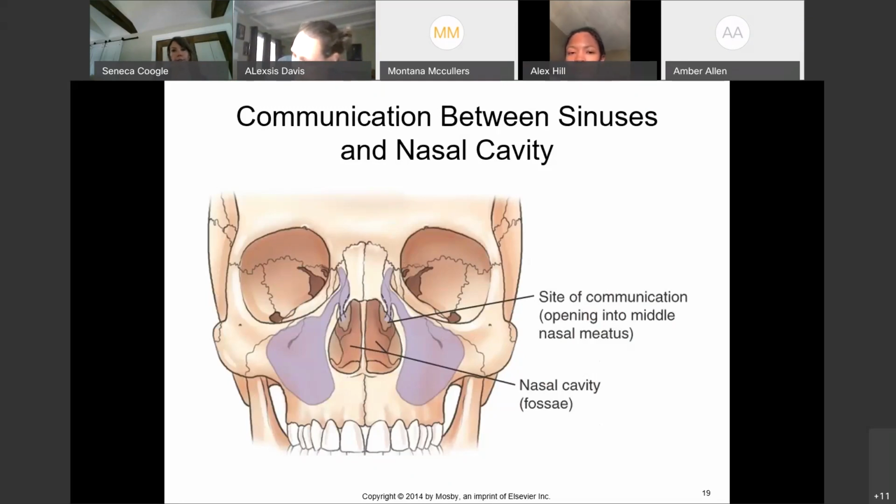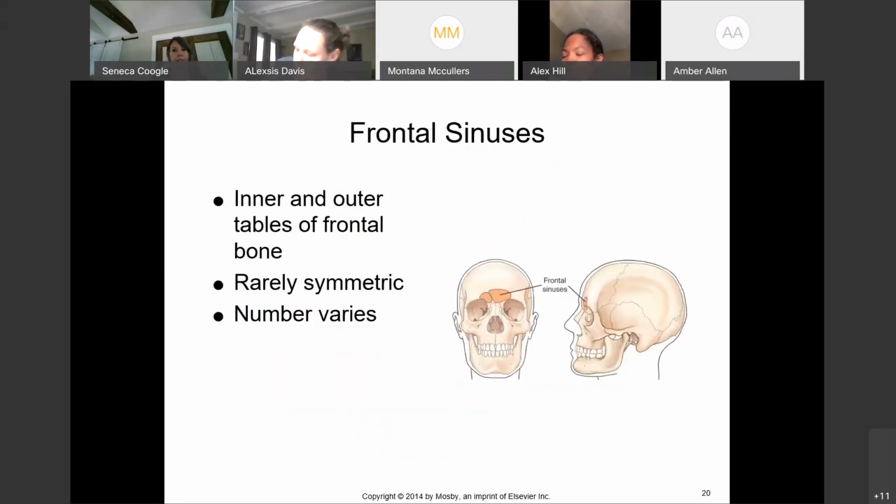I know, lovely. All right, your frontal sinuses. They're between the inner and outer tables of the frontal bone. These rarely become aerated before the age of 6. Now, the frontal sinuses are a little bit different because they are rarely symmetric. They can be singular or paired or absent, not really there at all. Of course, named for the bone, they're in the frontal bone.